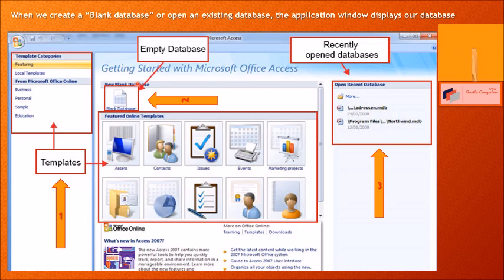Then on the right hand side it shows recently opened databases. Whichever database is already created and recently opened will be displayed on the right hand side. So this is the getting started with MS Office Access screen.